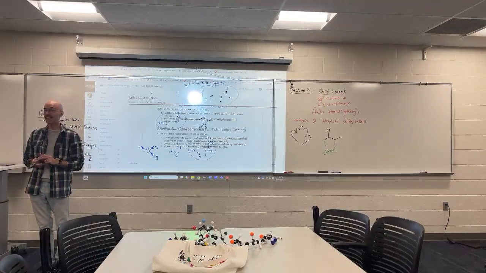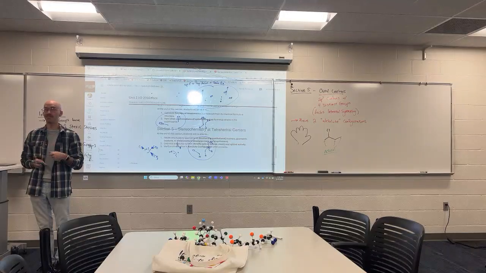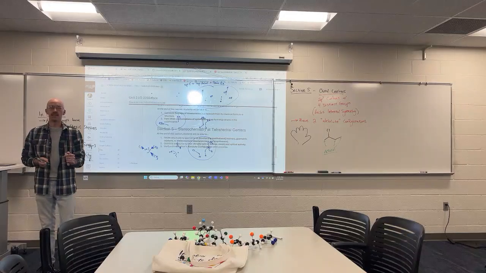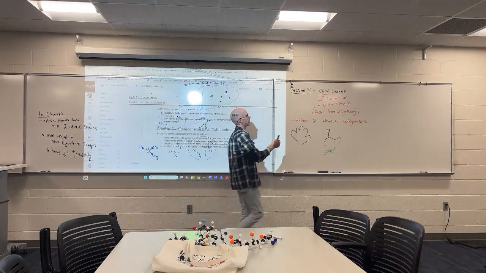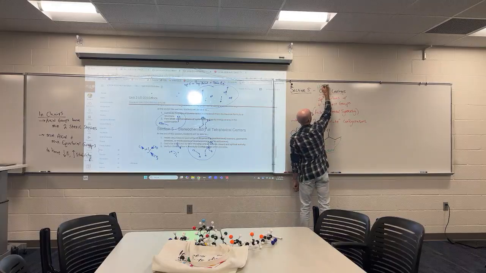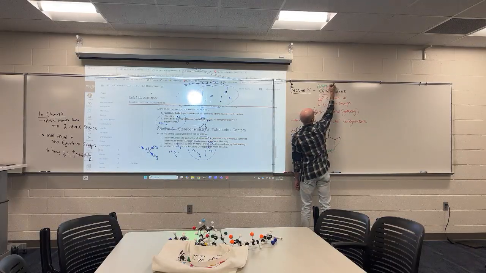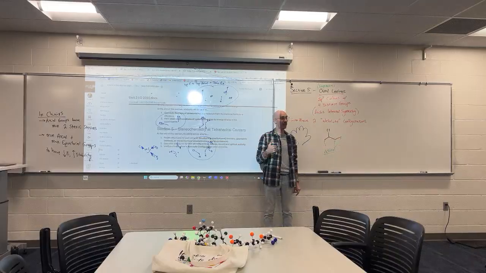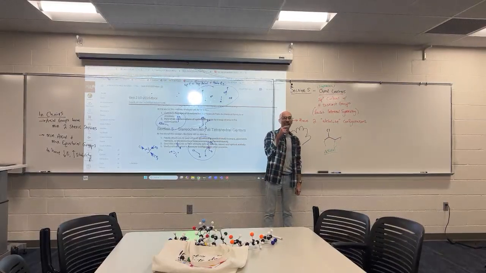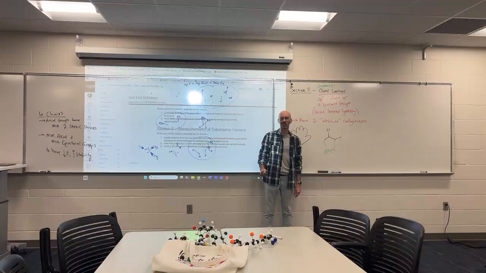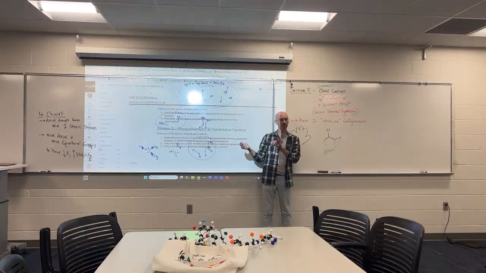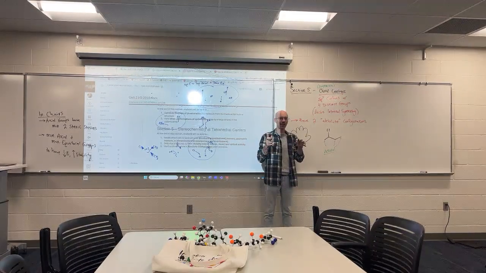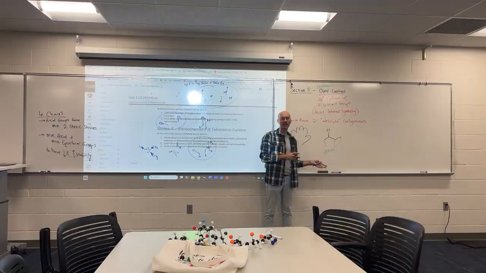And chirality is the lack of symmetry. So we can call chiral centers asymmetric centers, and we can call carbons that have a plane of symmetry achiral carbons. They're symmetric carbons, which means they lack chirality, so they are called achiral.